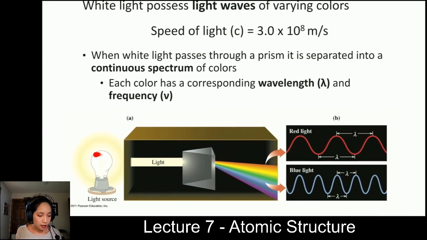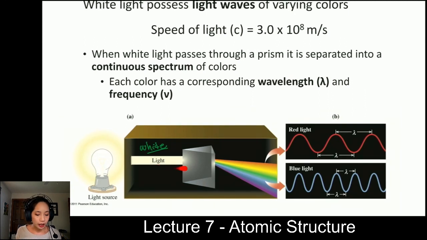So if you take some type of white light source, such as a light bulb or the sun, and you put that white light through a prism, what will happen is that the wavelengths of colors will separate from one another and spread out. So you'll take white light and it will become a rainbow.